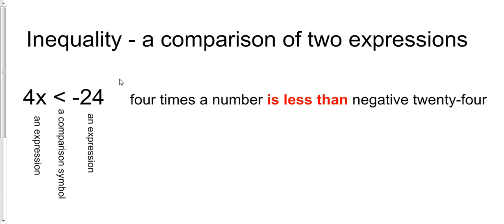For this example: 4 times a number is less than negative 24. Notice the difference between "is less than" and "less than." "Is less than" is an inequality. It's a sentence, two expressions being compared. "Less than" alone is your switch phrase for subtraction.